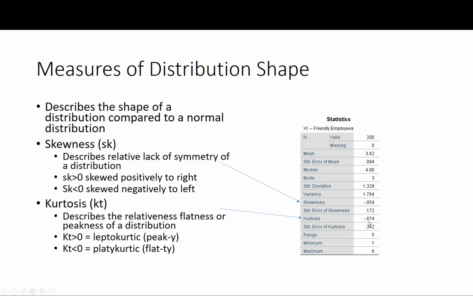In this case, it's minus 0.674, so therefore we have a relatively flat kurtosis in terms of distribution.